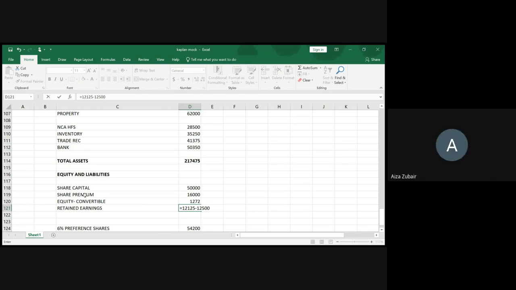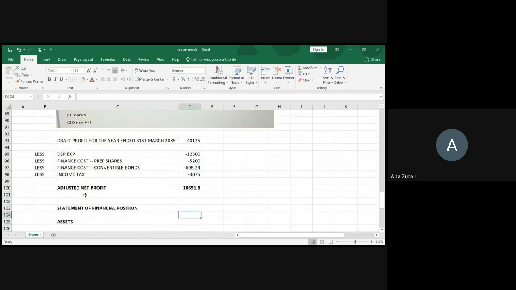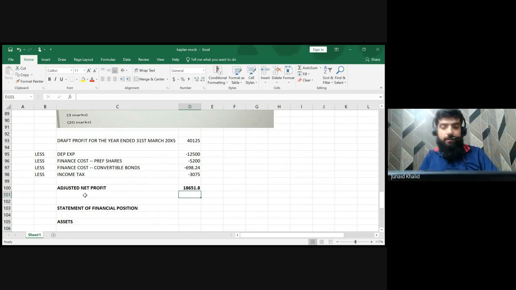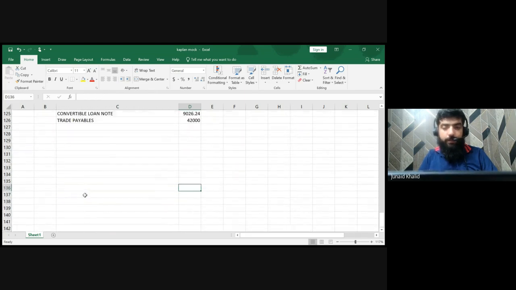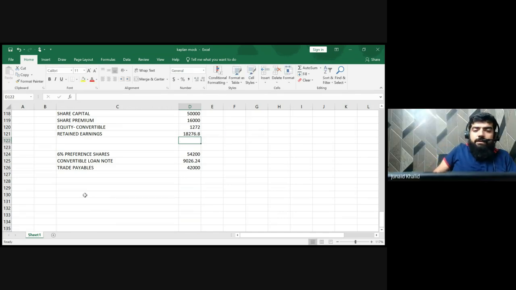Can you go to the calculations? And we add the adjusted profit. Yes, we added the adjusted profit. Are you getting a point? So this is the retained earnings.